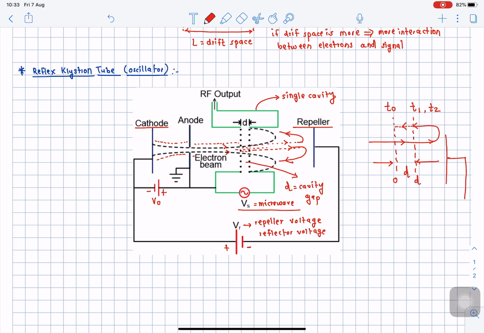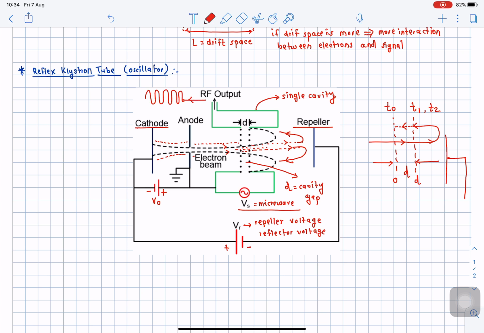And these oscillations, because of the forward traveling bunches of electrons and repelled electrons, will interact with each other and set up the oscillation in the cavity. When we take out that oscillation from the cavity, we will see that it is a very high frequency signal. These oscillations are then utilized as a microwave signal, right?